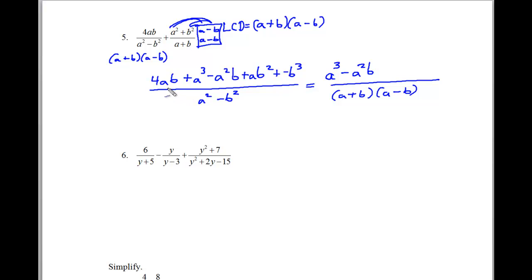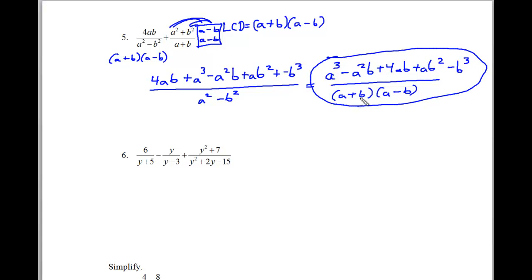Then the 4ab next, and then we'll check out the ab squared. There's only one of those, plus ab squared. And then finally something that doesn't have an a in it, the minus b to the third power. So nothing was done differently in the problem other than the order being changed, and that's fine too. That is your final answer for this problem, and there's nothing to factor in the numerator, so we are done with the problem.